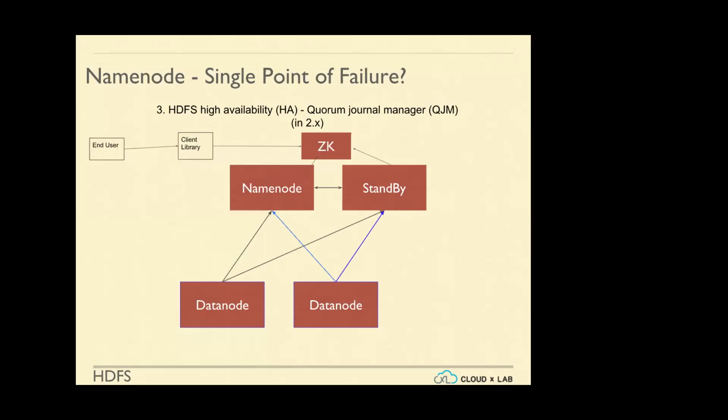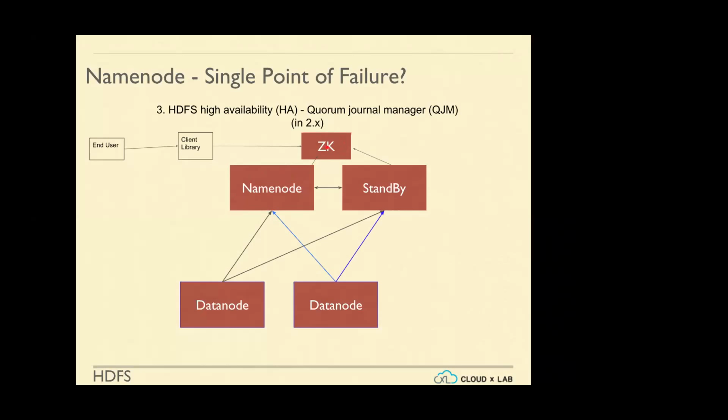So name nodes will write their name in ZooKeeper, and let's say this was a name node. It wrote its name as the current or the active name node here, and the way it does it is by creating the ephemeral node in the ZooKeeper. So in case this name node goes down, it will disappear from ZooKeeper, right?